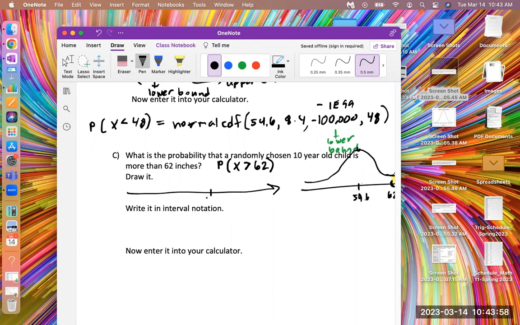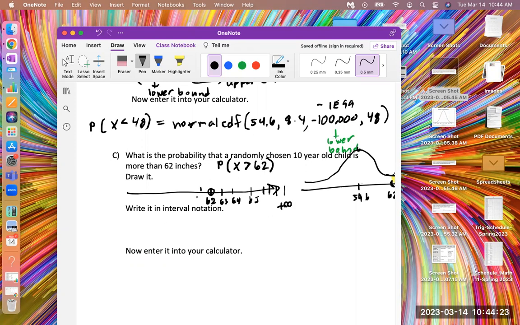I draw 62 and circle it. That's a crucial value. Where are the numbers bigger than 62? If we go from left to right, we're increasing. So it's 63 over here, 64, 65 and so on, and it's going to go on and on to positive infinity.